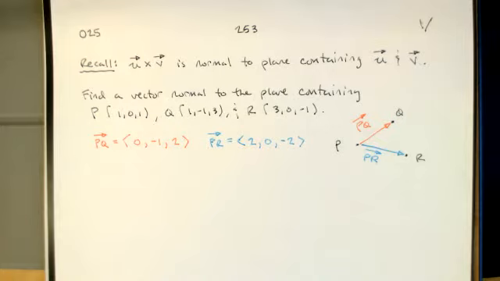Now, what we're going to do is find the cross product of PQ and PR, and then that'll give us a normal vector that'll describe everything in the plane. If I calculate PR cross PQ, that'll be starting off at PR and bending towards PQ.